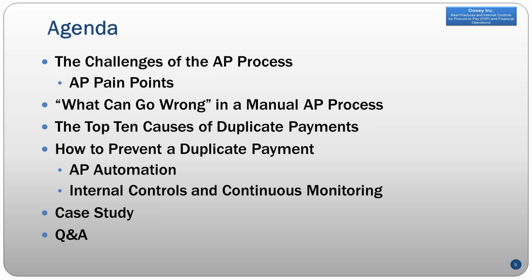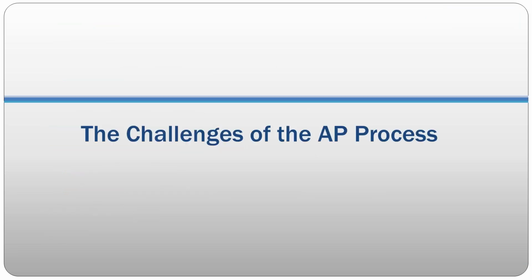We'll also need to look at what we can do to improve our internal controls and take a look at continuous monitoring. I've got a case study for you, and as mentioned, we'll have time for a Q&A. We'll be collecting your questions throughout the webinar and hopefully get to everybody at the end.